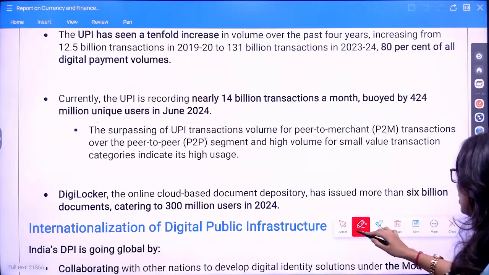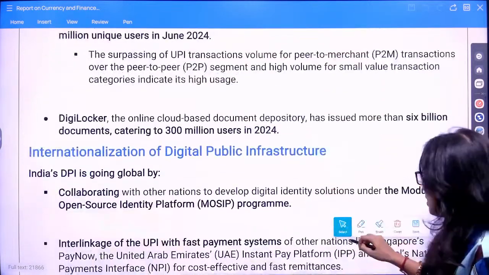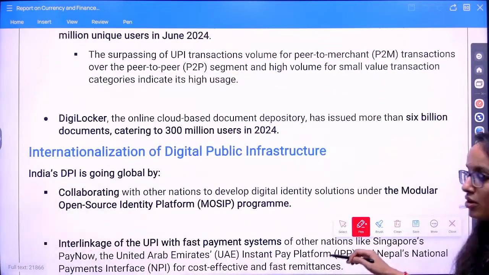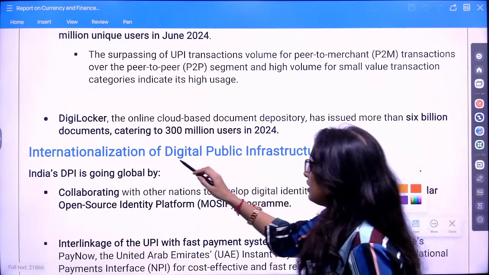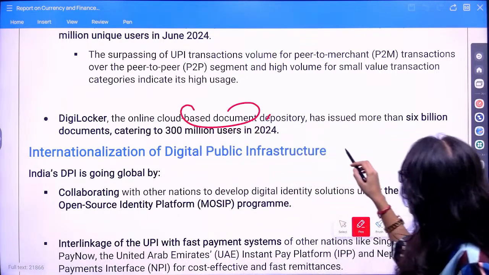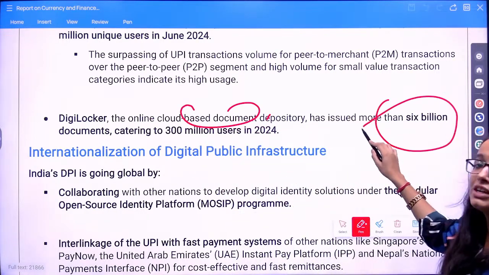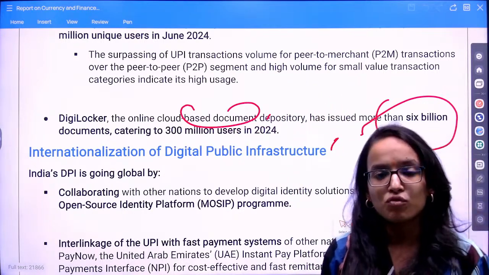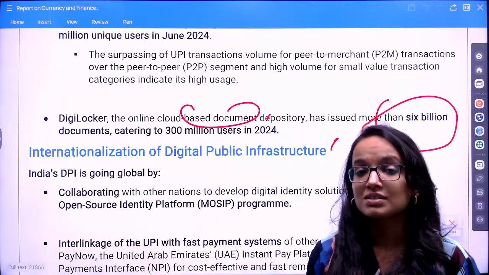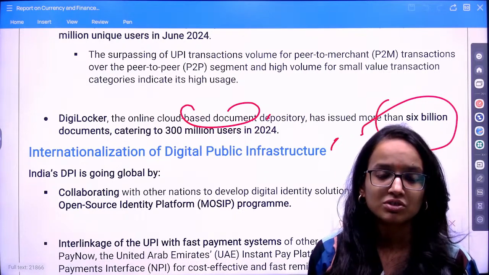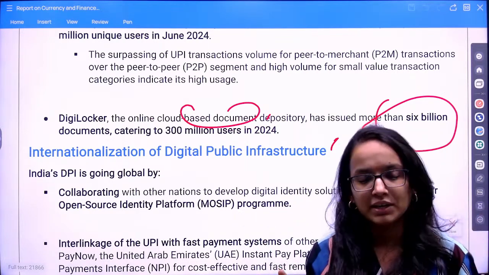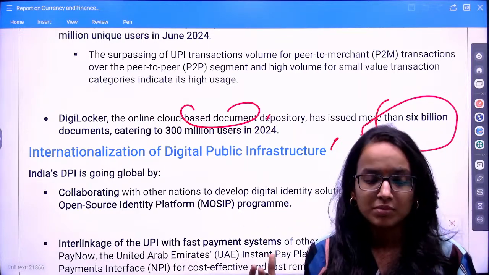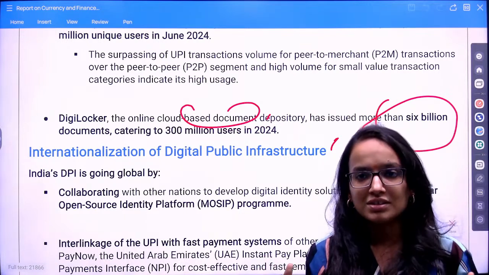Then if you see DigiLocker, of course, an online cloud-based depository, the document repository has issued more than 6 billion documents. So all these facts are indicative of what? India's experience, India's success in terms of digital public infrastructure. Digital public infrastructure is a very broad term. It encompasses various things, right?